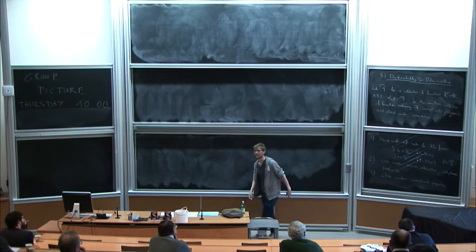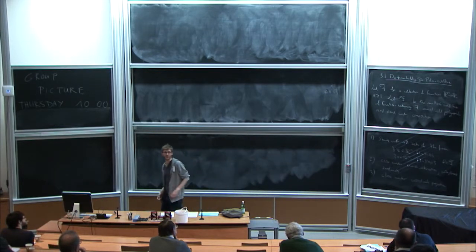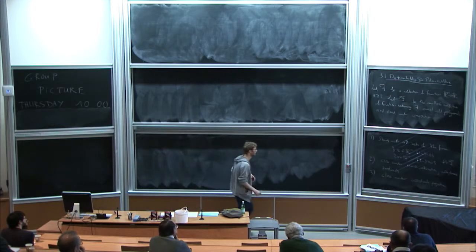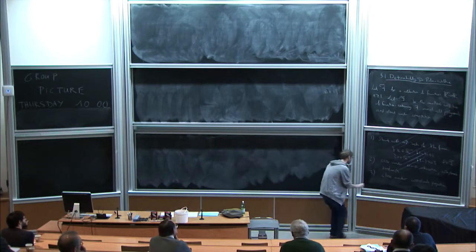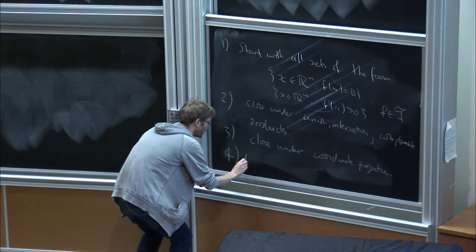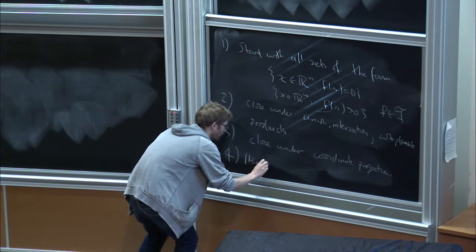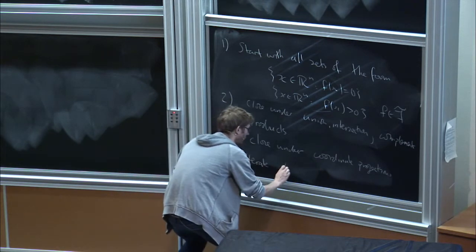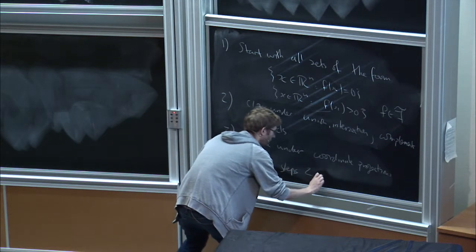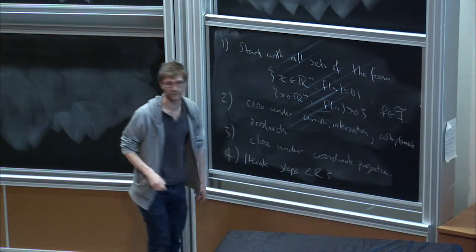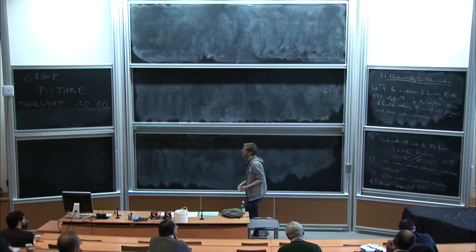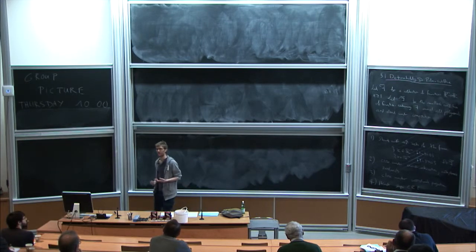And then we iterate steps 2 and 3 forever, and we generate larger and larger collections of sets. So this isn't really the way to think about definability, but it's useful if you've never seen it.